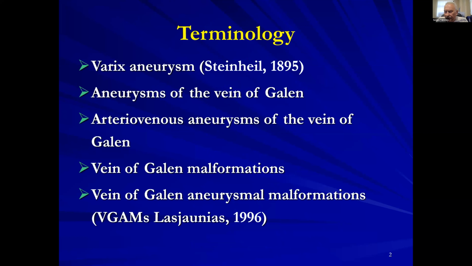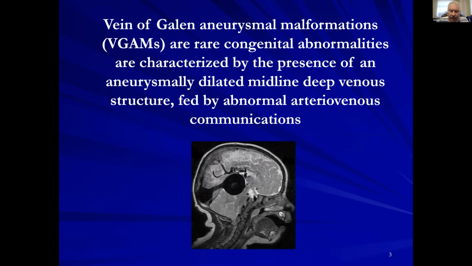Now the term offered by Pierre Lasjaunias is accepted: vein of Galen aneurysmal malformations. Vein of Galen aneurysmal malformations are rare congenital abnormalities, characterized by the presence of an aneurysmally dilated midline deep venous structure fed by abnormal arteriovenous communication.